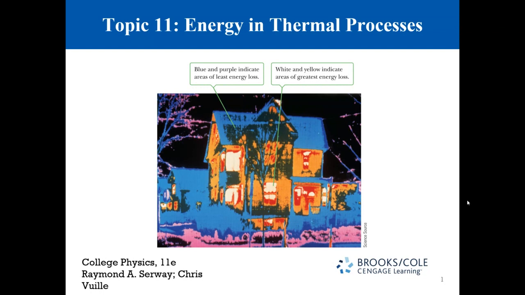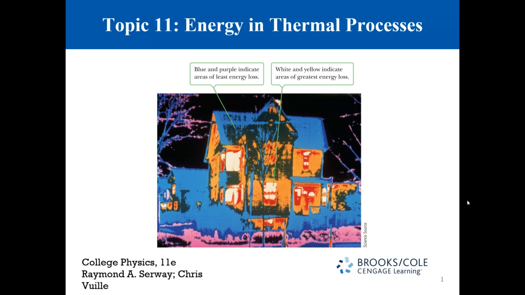The windows, the doors will usually emit energy, and here you see their color yellow or orange or red. The ceiling, which has better insulation and less energy loss, has this blue color.